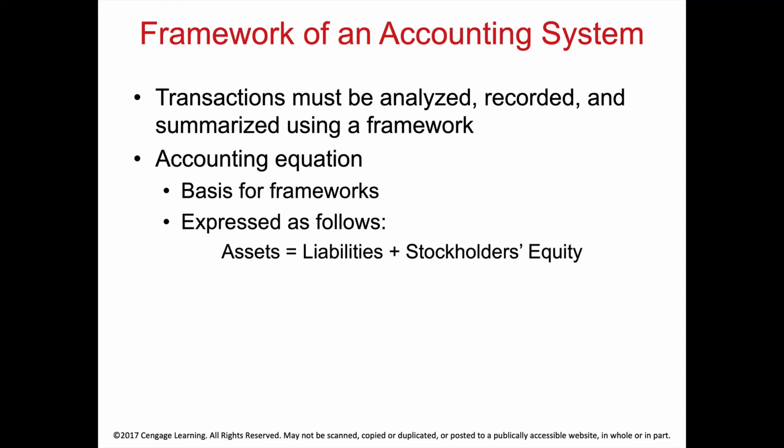And what this turns out to be is every transaction has to be recorded in at least 2 places, such that your assets are always equal to your liabilities and equity. That's called double entry bookkeeping. You may have heard that phrase before. Okay?